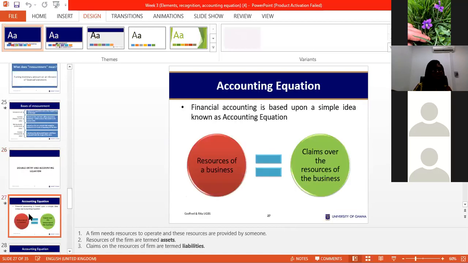Finally, we want to look at the double entry in accounting equation. And we know that businesses, okay, are set up. It's always based on an idea.